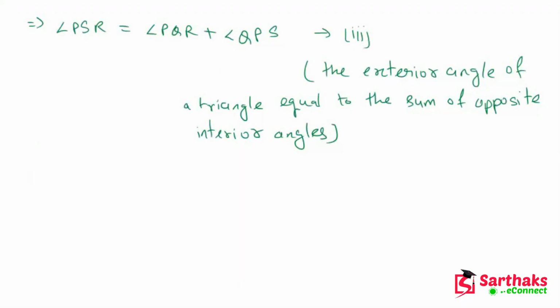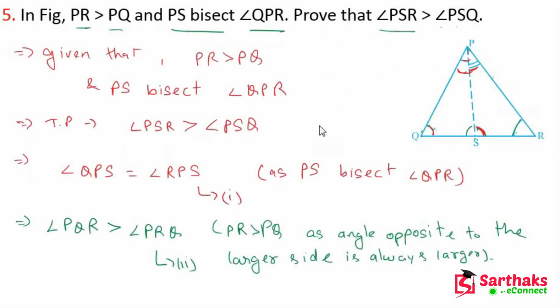Got it? And similarly, angle PSQ, this angle, is the exterior angle for triangle PSR. So we can write angle PSQ is equal to angle PRQ plus angle RPS.